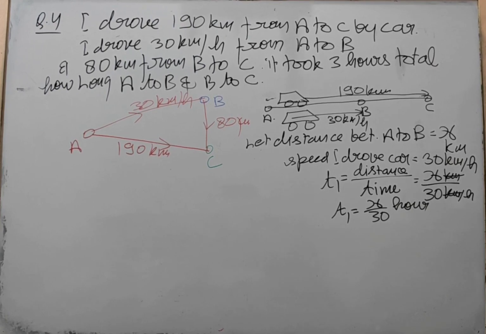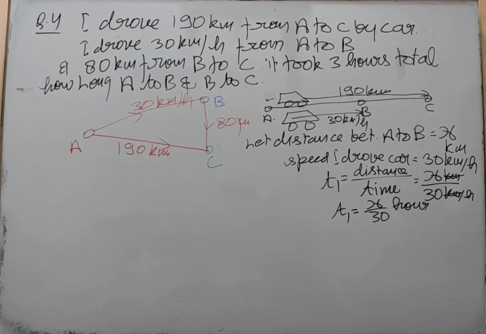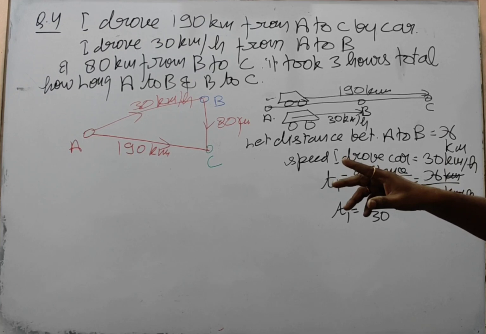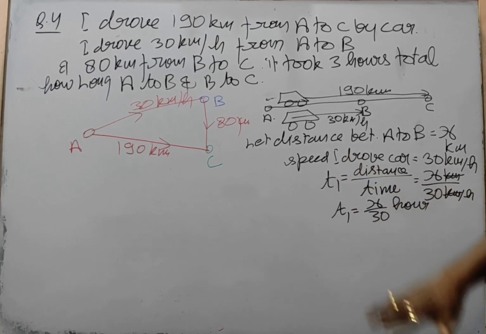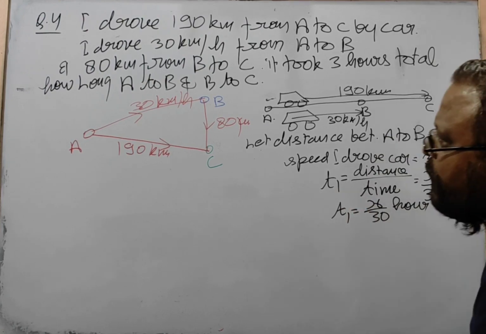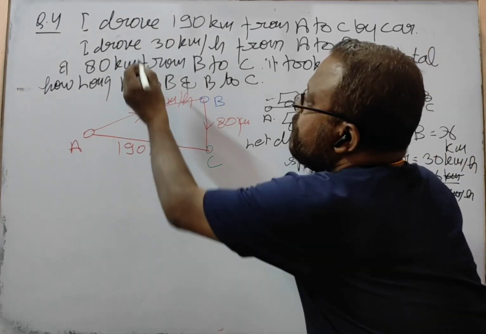Then you gave me 80 kilometers per hour from B to C. So that is 80 kilometers per hour, and that is also speed.